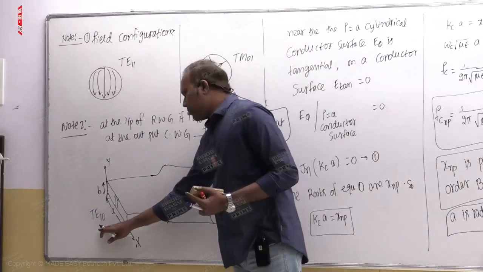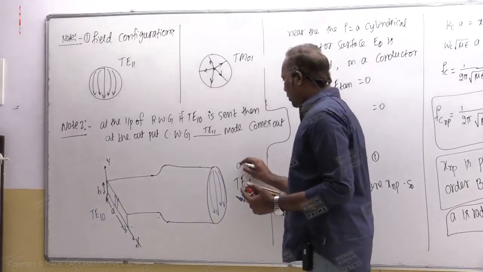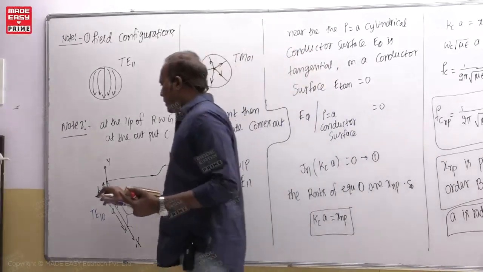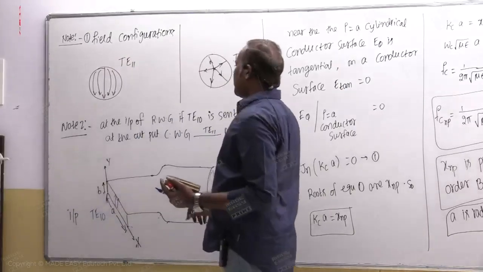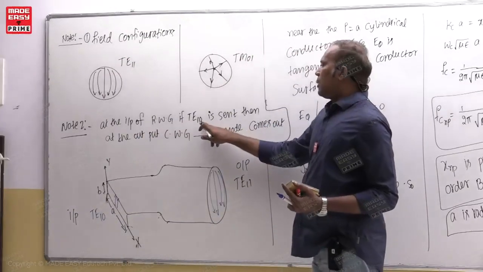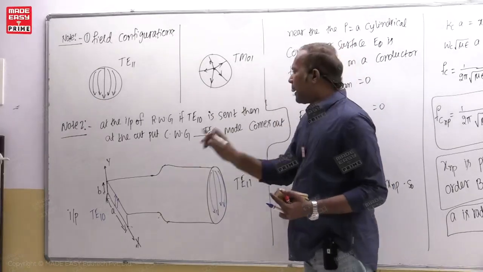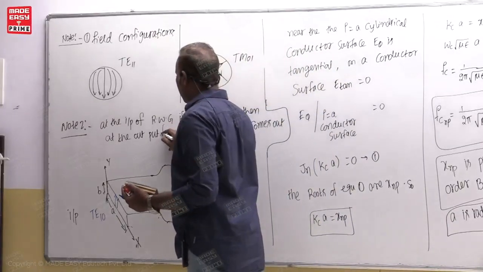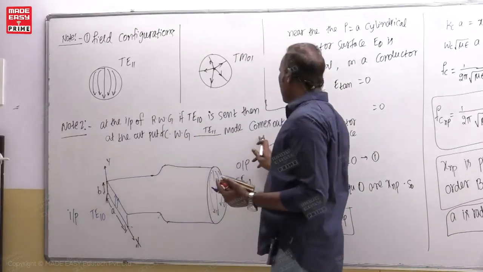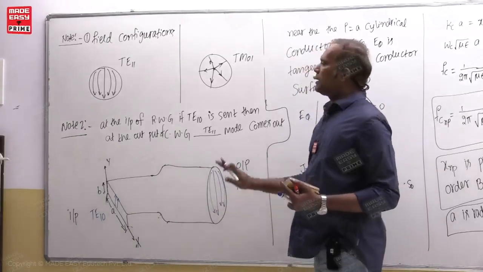So TE10 mode is sent at the input side, this is the input. So at the input of rectangular waveguide, if TE10 mode is sent, then at the output of circular waveguide TE11 mode comes out. These things you remember.